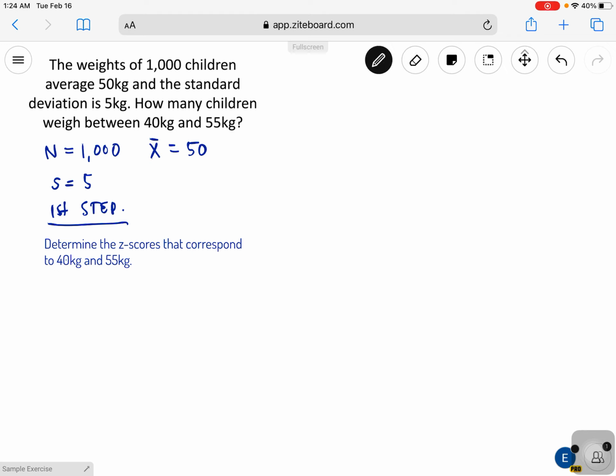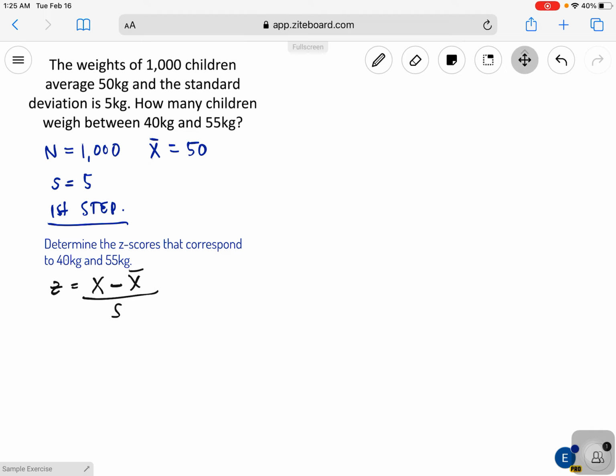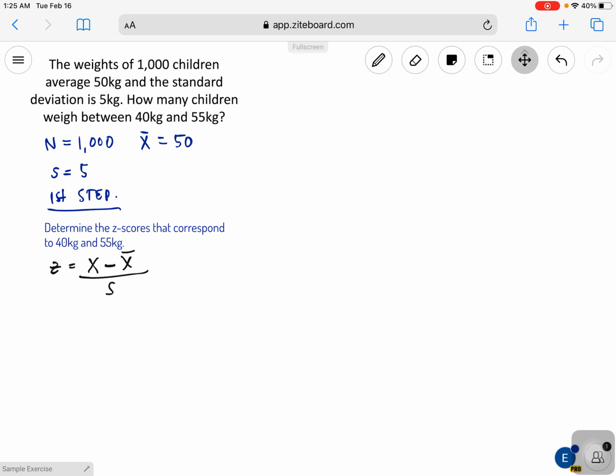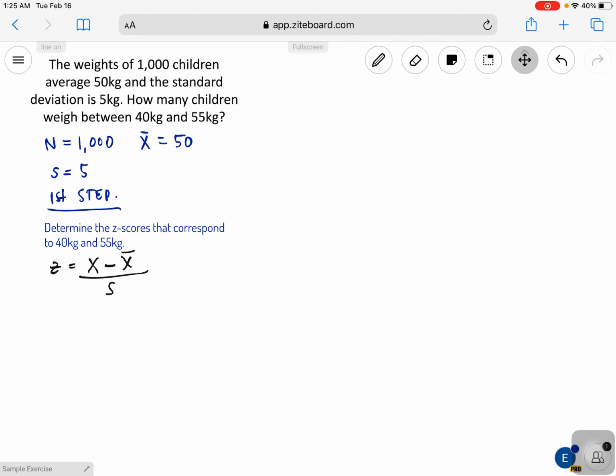This z is equal to x minus x bar, or our sample mean, all over our sample standard deviation. So let's divide the space that we have here to identify the z-scores that correspond to 40 and 55.